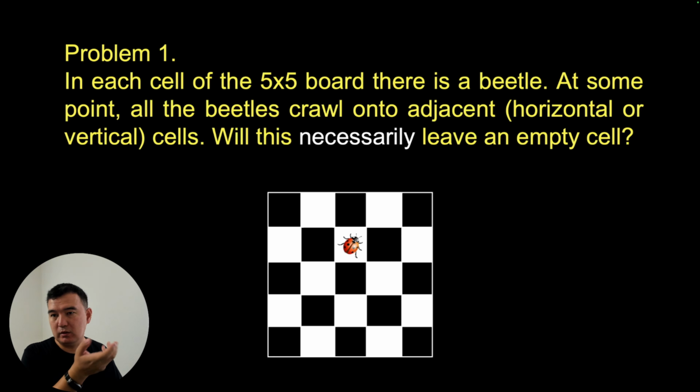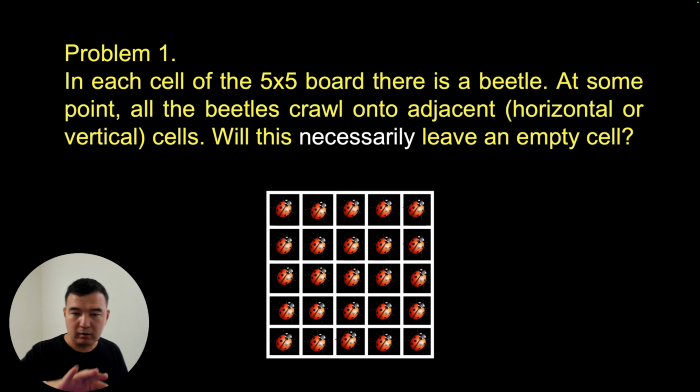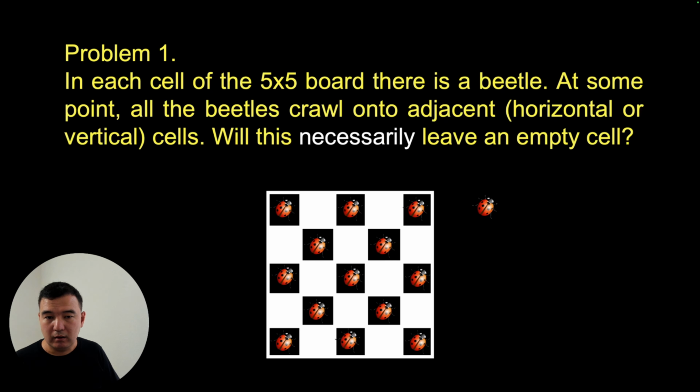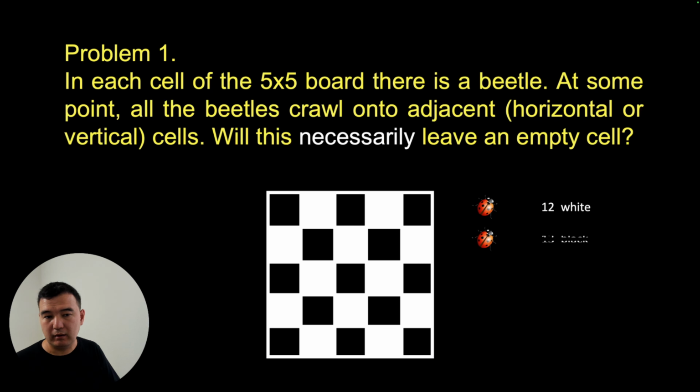You can just call them white beetles, black beetles. So if you bring back all the beetles and paint it like a chessboard, you can see that there are 12 white beetles and 13 black beetles.